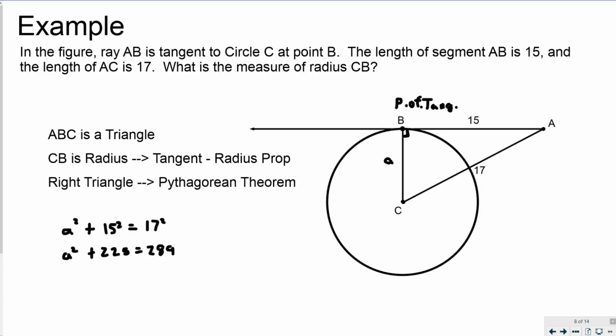When I subtract 225 from both sides, I get A squared equals 64. Then I take the square root of both sides, so that A equals 8. So I can say that the measure of BC is 8 through calculations with the Pythagorean theorem.